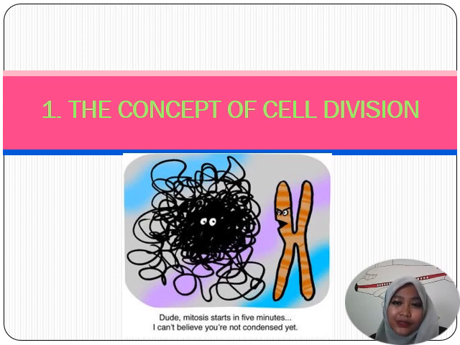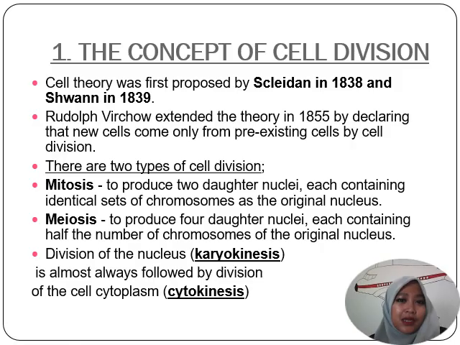Alright, so we're going to look at the concept of cell division. The first and second theories were proposed by Schleiden in 1838 and Schwann in 1839. And then the third theory came in 1855, by Rudolf Virchow.